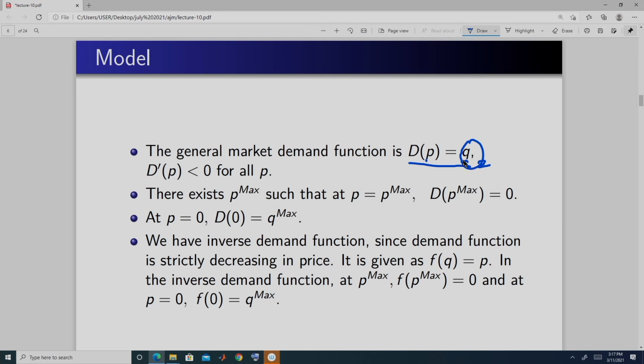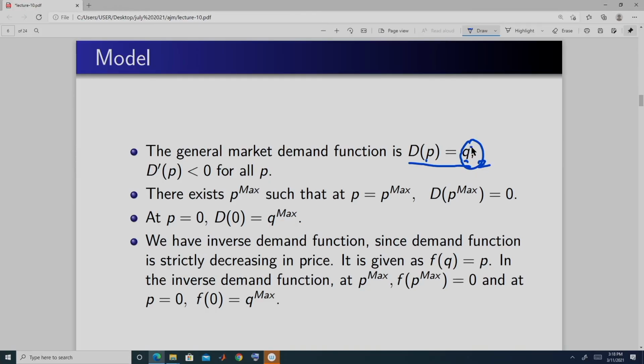If this is, suppose, electricity, you plug in the price of electricity, and how much electricity is being demanded is this. We have got this from the individual demand curves, which we have got from the consumer optimization that each consumer does, that is, utility maximization subject to a budget constraint.